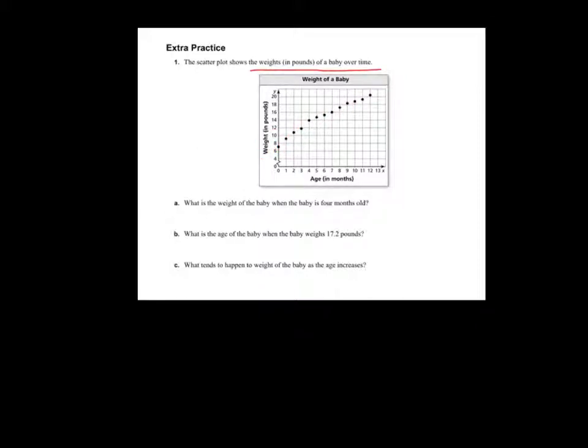And that is called having a positive correlation. I related this to our slope because remember, a positive slope with linear relationships, the line slopes up from left to right.